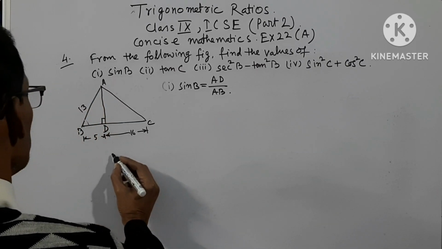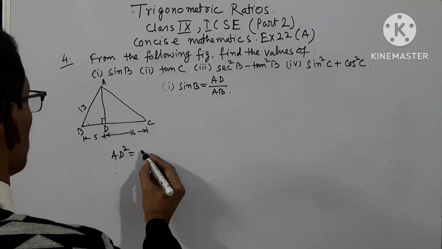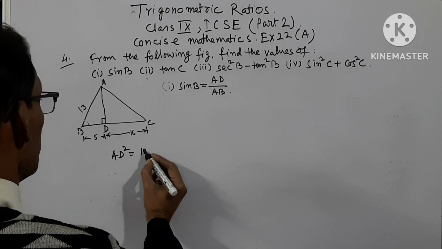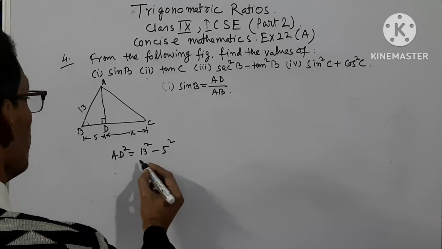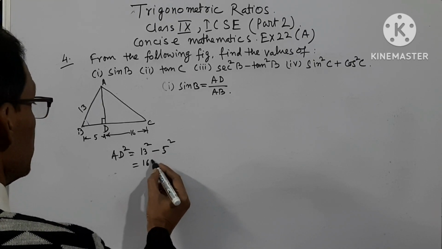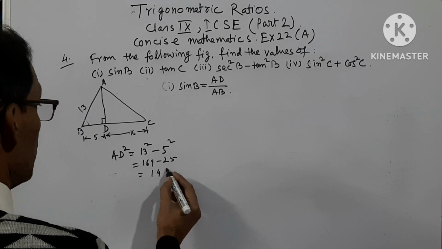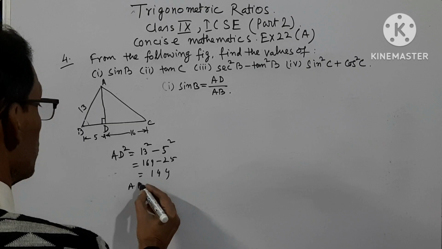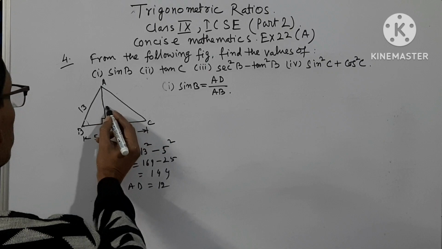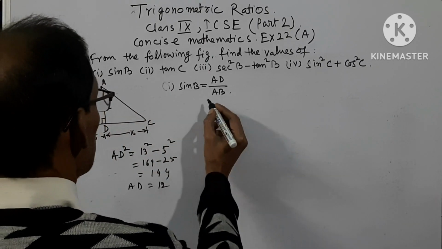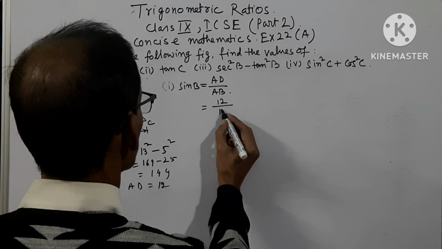So for AD, you have to take the help of Pythagoras theorem. AD square equal to AB square minus BD square, and BD is 5. So 169 minus 25, which comes 144, and AD you got 12. So sin B equal to AD 12 by 13.